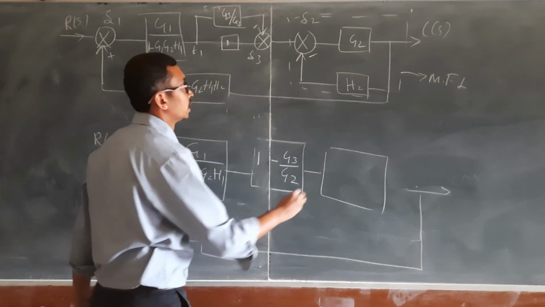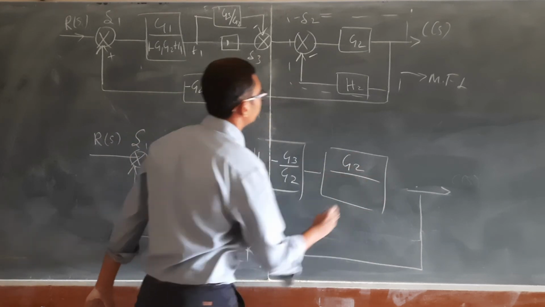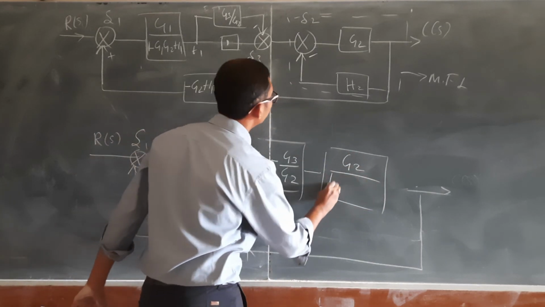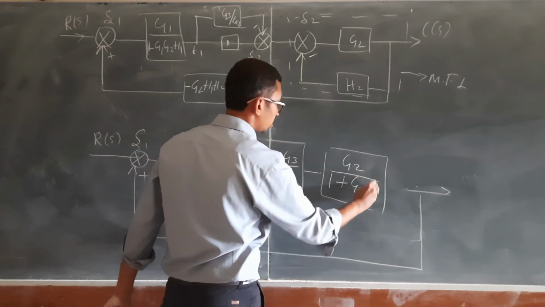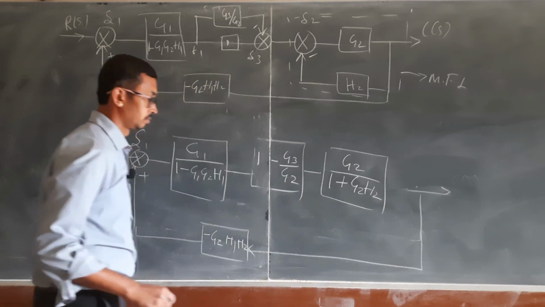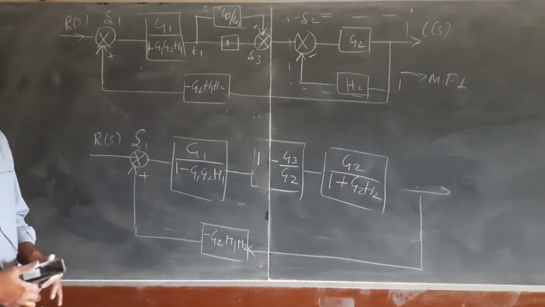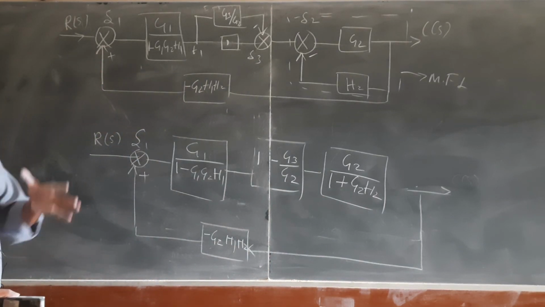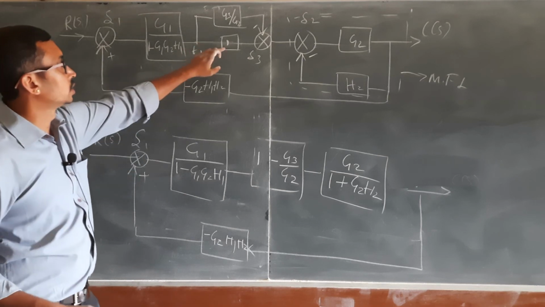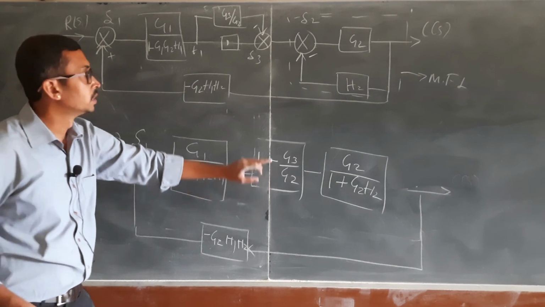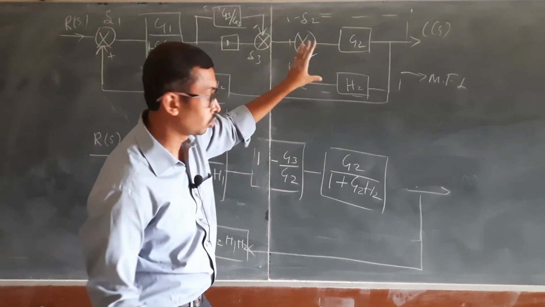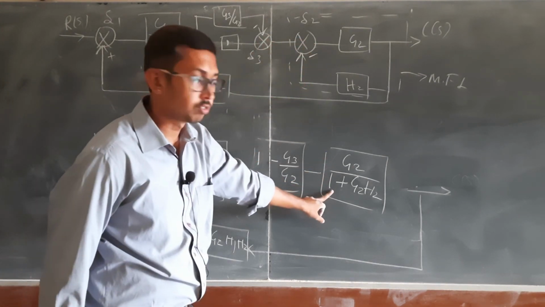Here it can be written as G2 divided by 1, and here it is a minus symbol, therefore it will be plus G2 H2. So which are the two rules I am applying here? If these two blocks are in parallel, we do the algebraic summation, and this is a minor feedback loop, so I am applying the minor feedback formula.